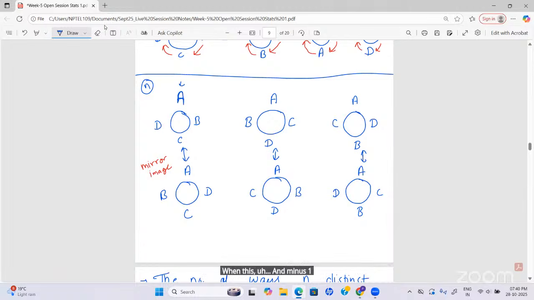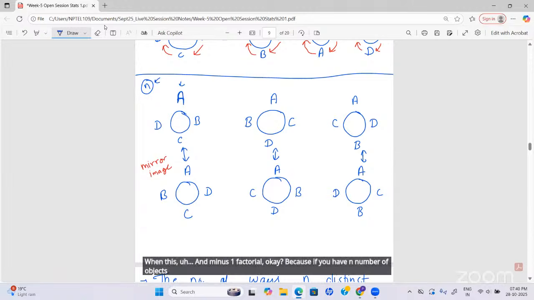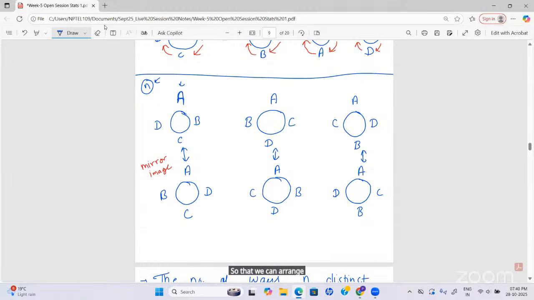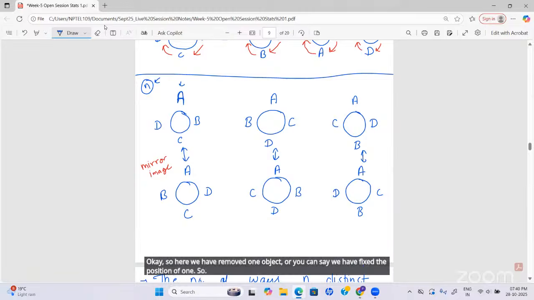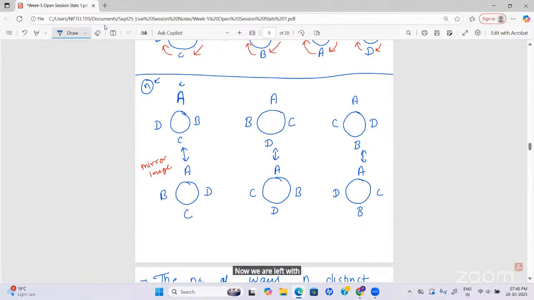Because if you have n number of objects, we can arrange them in n factorial ways. Here we have fixed the position of one, so now we are left with n minus 1 objects that we have to arrange in linear fashion. That we can do in n minus 1 factorial ways.